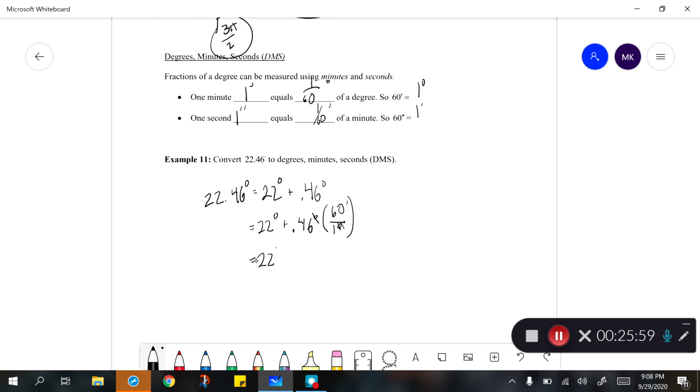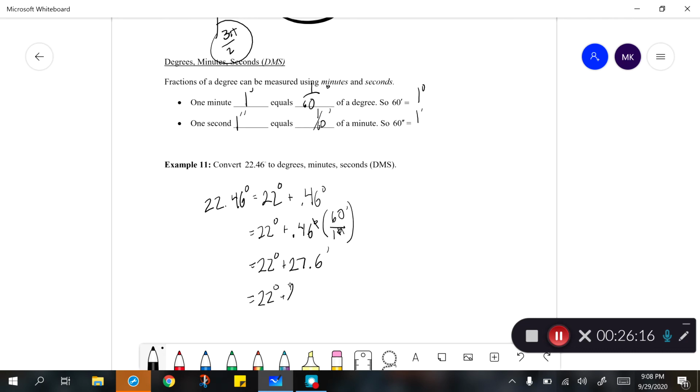So we get 22 degrees plus 0.46 times 60, which gives us 27.6 minutes, which is 27 minutes plus 36 seconds.